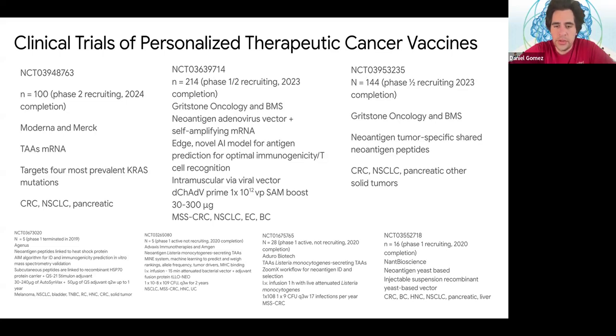Another phase one with 28 patients used the same bacterial tumor-associated antigen, Listeria monocytogenes, and just focused on colorectal cancer.